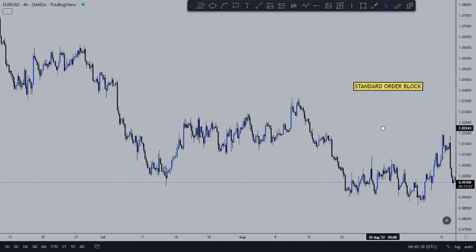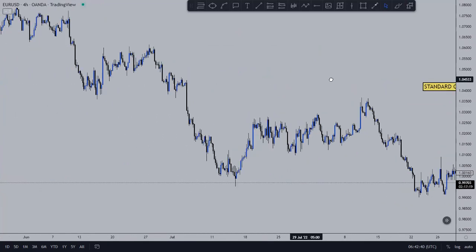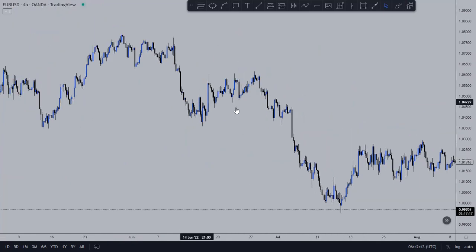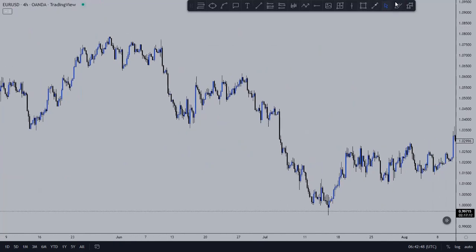So the last bullish candle before we went down, because this is a downtrending market, as you can see. So in this downtrending market, you want to identify bearish standard order blocks, starting from there, before this market pushed down like that.